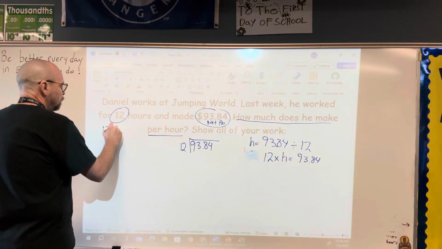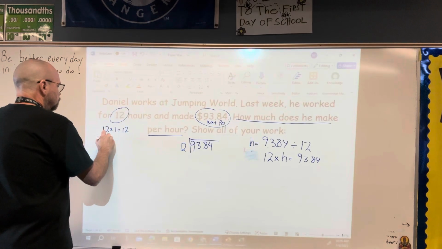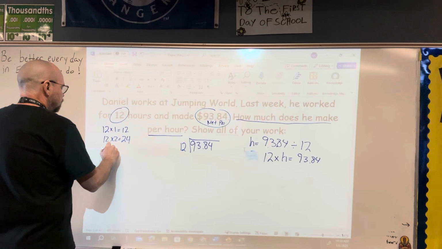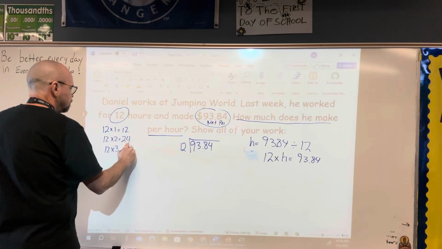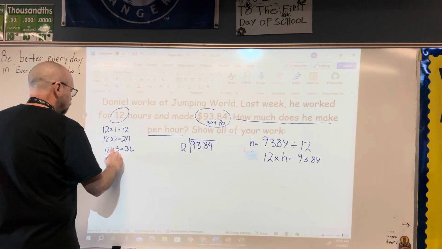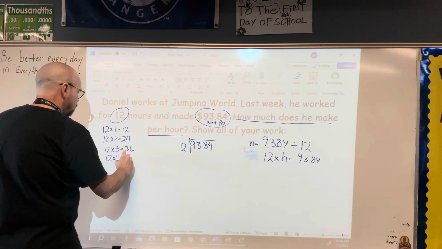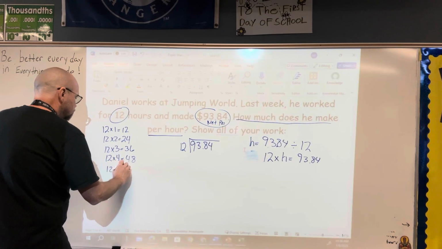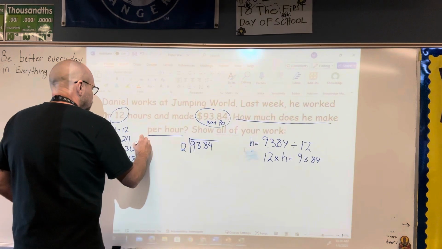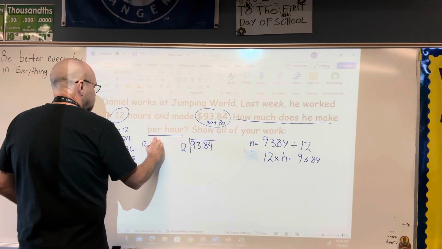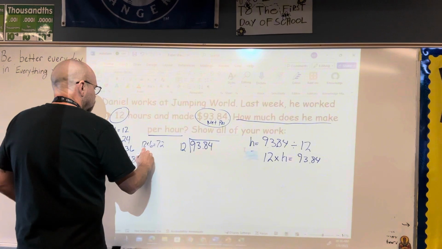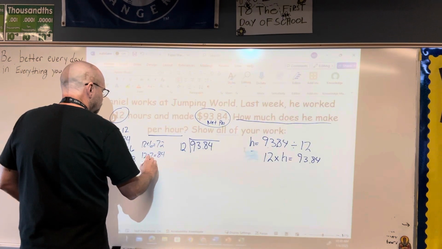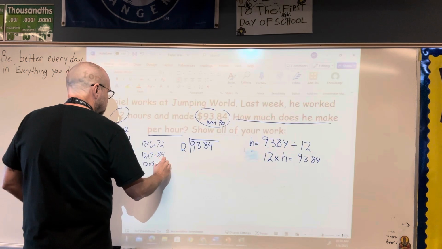So 12 times 1 is 12. 12 times 2 is 24. 12 times 3 is 36. 12 times 4 is 48. 12 times 5 is 60. 12 times 6 is 72. 12 times 7 is 84. 12 times 8 is 96.